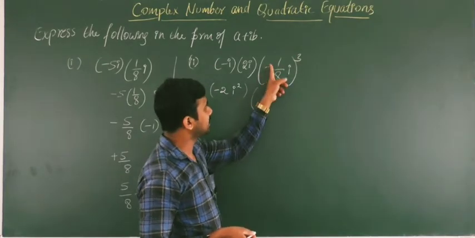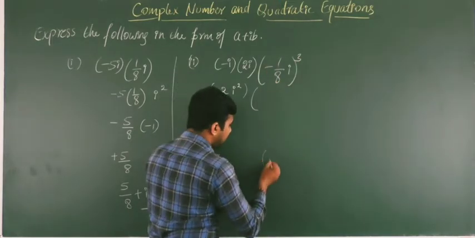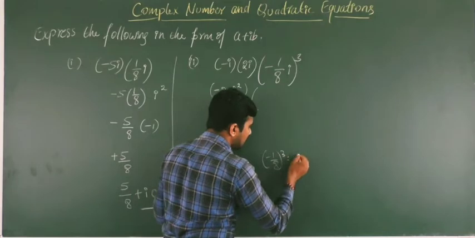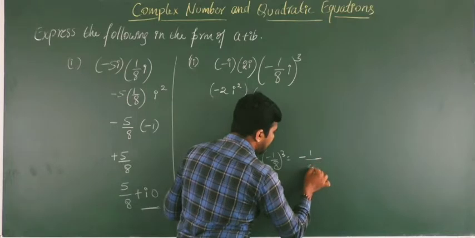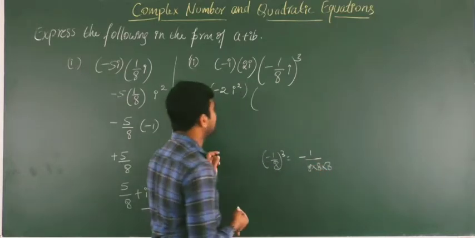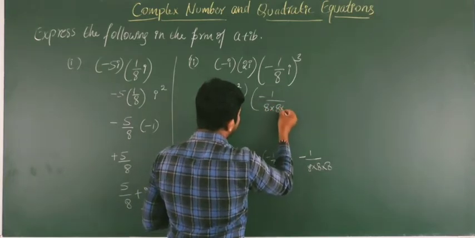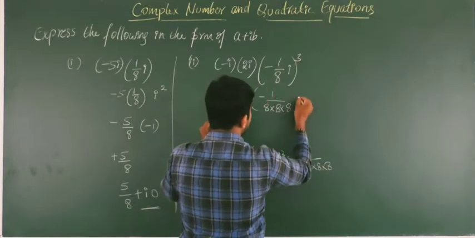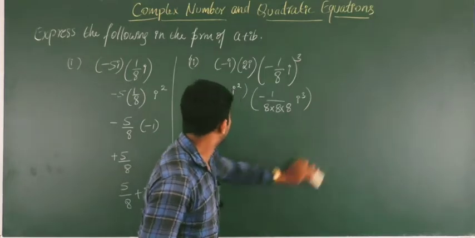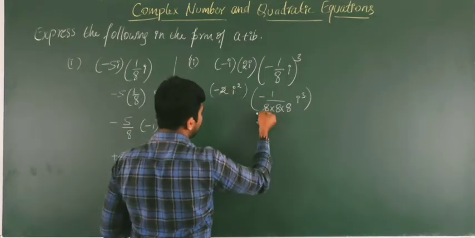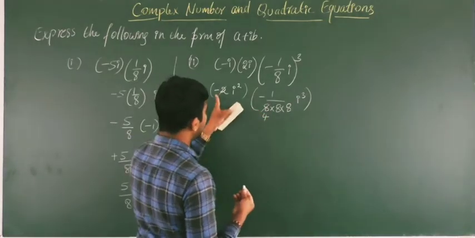Minus 1 by 8 whole to the power 3 is nothing but minus 1 by 8 into 8 into 8, with i to the power 3 as it is. Now simplify this: you can simplify the 2 with the 8, 2 fours are 8, so we will get 4.